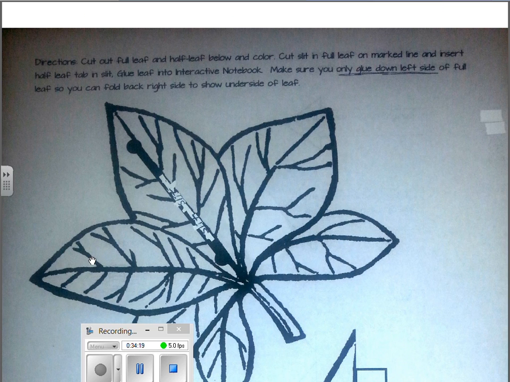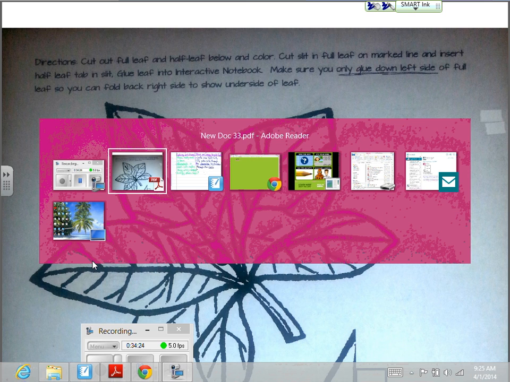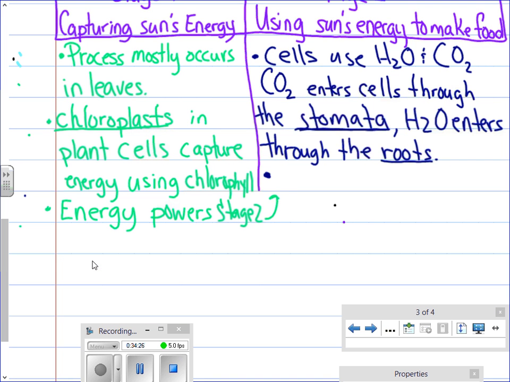Last information that we're going to write. Is in the chloroplast, what did the plant start off with?